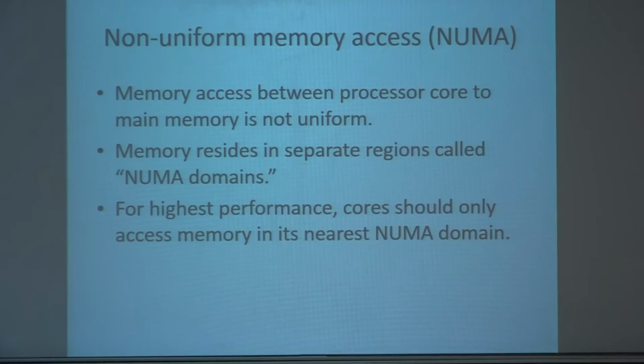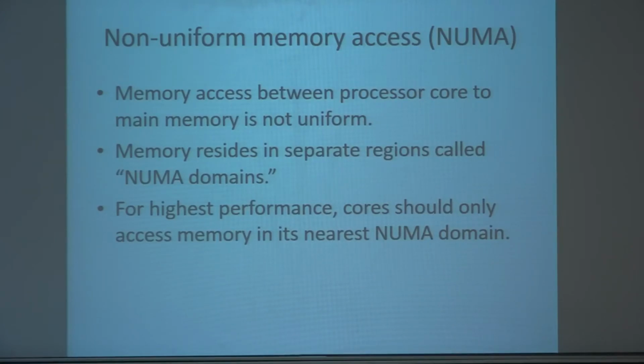If you want to access some memory, sometimes it might take so long, sometimes it might take much longer. So it's not uniform, and you'll see why this is the case very precisely. But in general, the reason is that memory is located in separate regions called locality domains or NUMA domains. In other words, all of the memory is actually not just in one place.